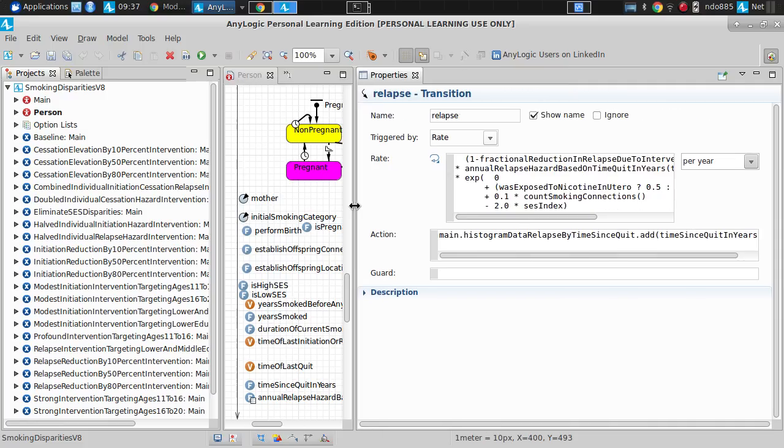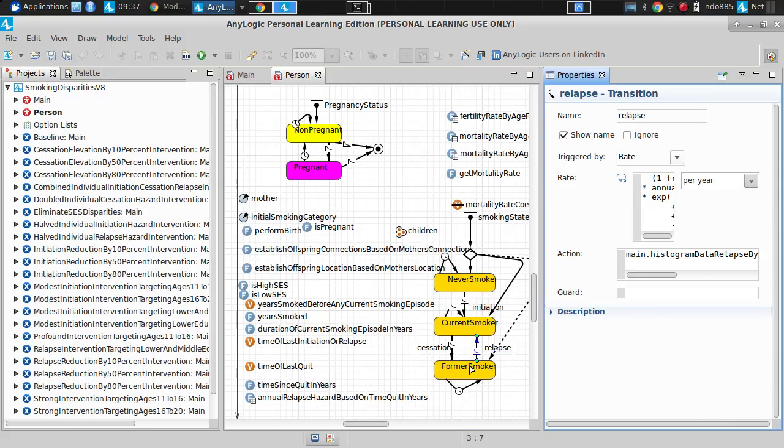And you'll see something there that looks a little bit like a statistical hazard rate that you might see in a competing risks model or a survival analysis model, okay? So this is a kind of formula giving what's the chance per year that someone will go from a former smoker state to a current smoker state.